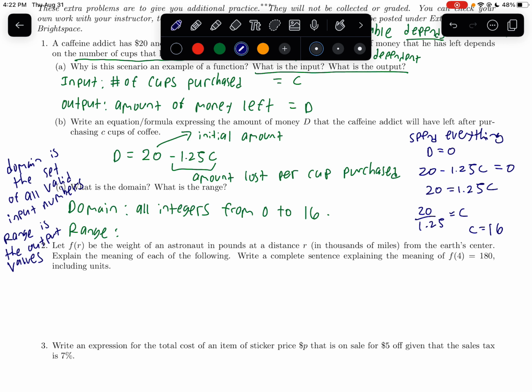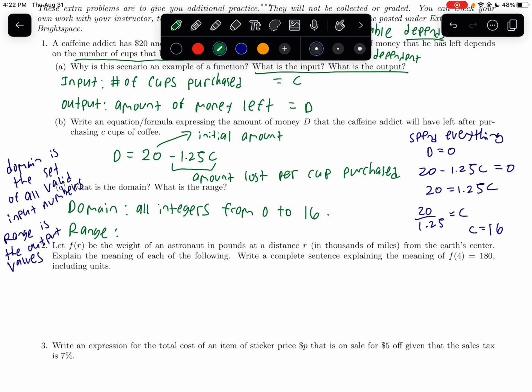So it's not the variable, it's just the numerical values that it could be. Is it positive? Is it negative? Is it an integer? Is it a decimal? What is it?